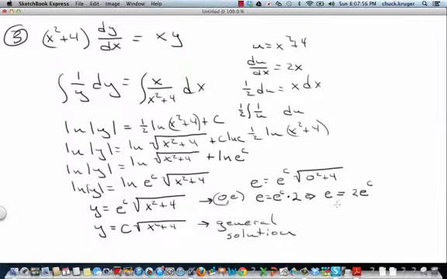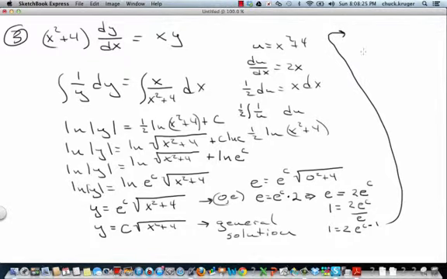Well, this means that I could do a couple of different things. I think I'll do, this is the same as 1 equals 2e to the c divided by e, which means I have 1 is equal to 2e to the c minus 1, which means I have 1/2 equals e to the c minus 1.